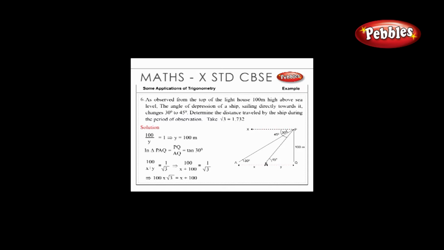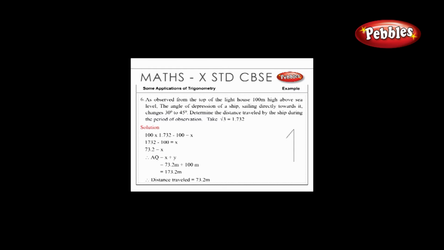In triangle PAQ, PQ by AQ is equal to tan 30 degree. That is 100 by x plus y is equal to 1 by root 3, implies 100 by x plus 100 is equal to 1 by root 3, implies 100 into root 3 is equal to x plus 100.